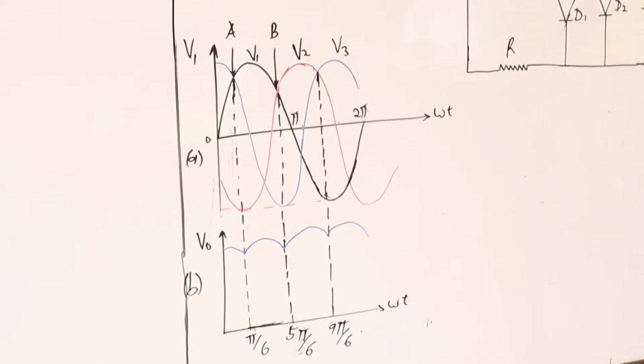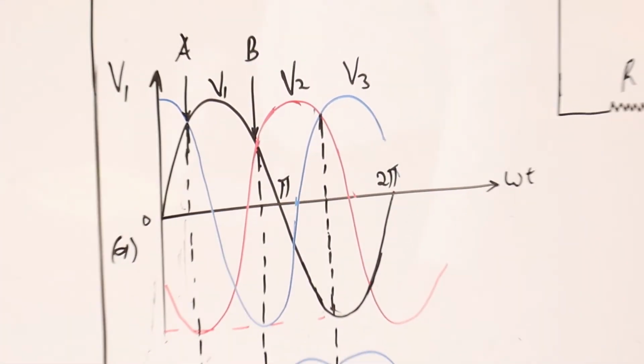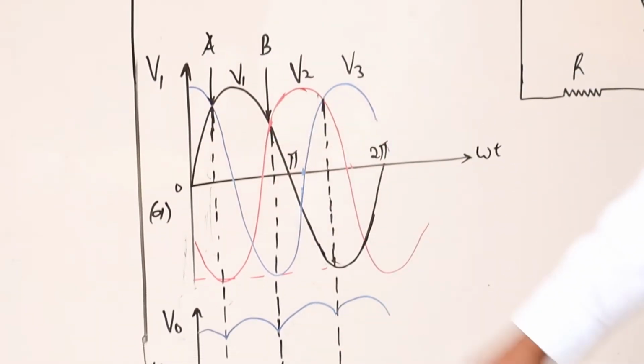So now we can see at point A, there are two voltages that are common at that point.